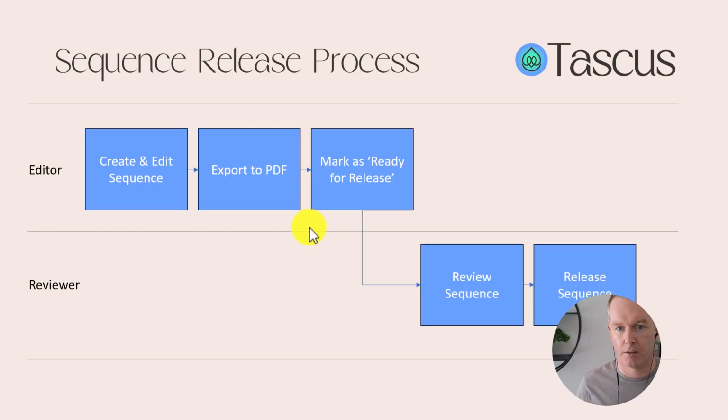So starting off with the sequence releasing process, it's designed with two roles in mind. There's an editor who can create and edit a sequence, and can then export it to a document that can be reviewed offline.